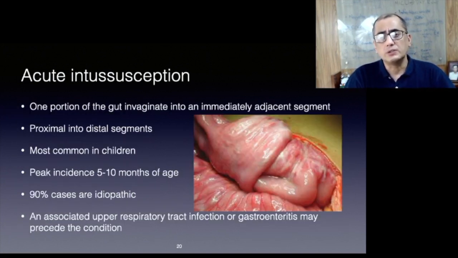Intussusception is encountered most commonly in children, with a peak incidence between 5 and 10 months of age, and 90% are idiopathic, but there might be an associated upper respiratory tract infection. Hyperplasia of the Peyer's patches in the terminal ileum may also be the initiating cause. Decreased maternal antibodies to common viral infections can also result in the pathogenesis of intussusception.